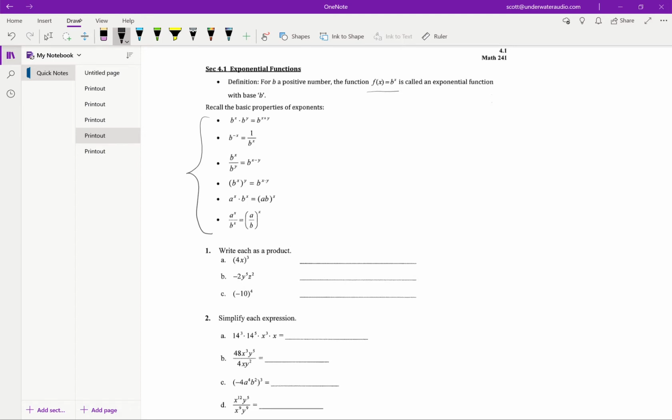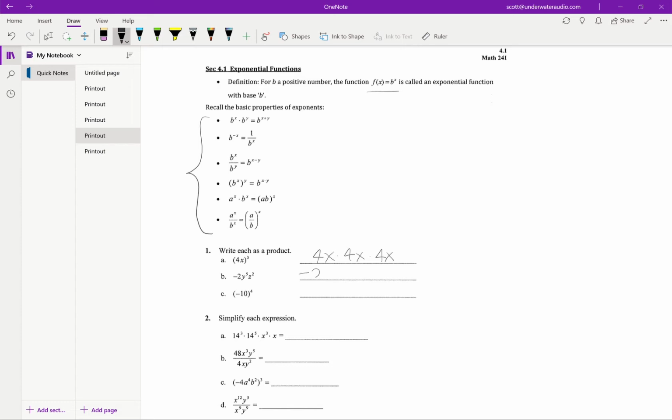Write each as a product. So it says 4x in parentheses to the third power. A power of 3 means that you multiply it by itself 3 times. Like that. Part B, negative 2y to the fifth, z squared. A fifth power means the base multiplied by itself 5 times. A square is the base multiplied by itself 2 times.